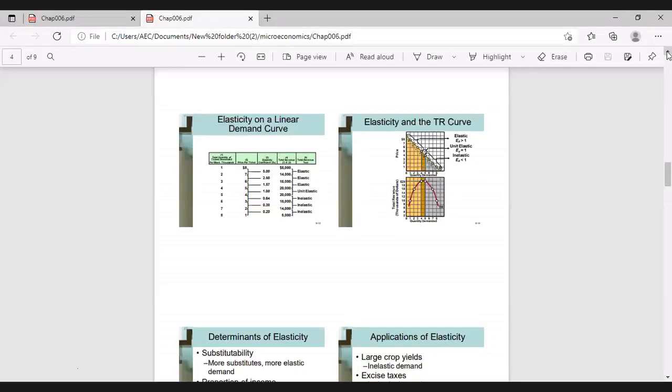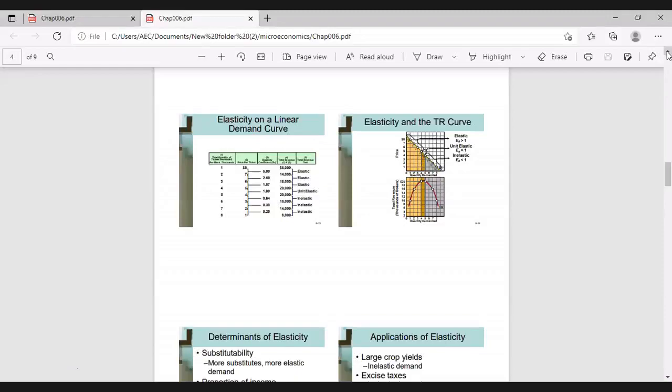But the quantity is high, so a 1 unit change in the quantity will give a lower percentage.